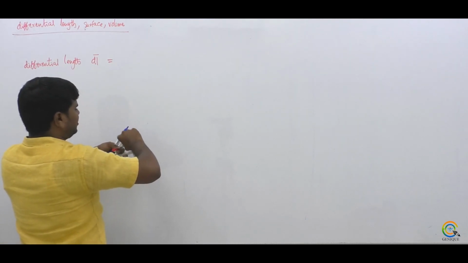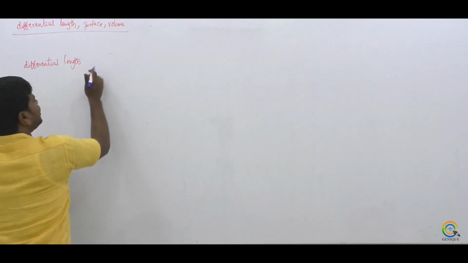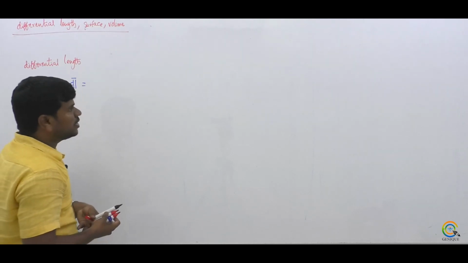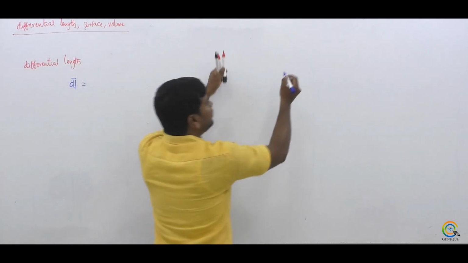It is a well-known result. What is the differential length? Generally, how is the differential length in the Cartesian coordinate system represented? Suppose, how will we find the differential length?